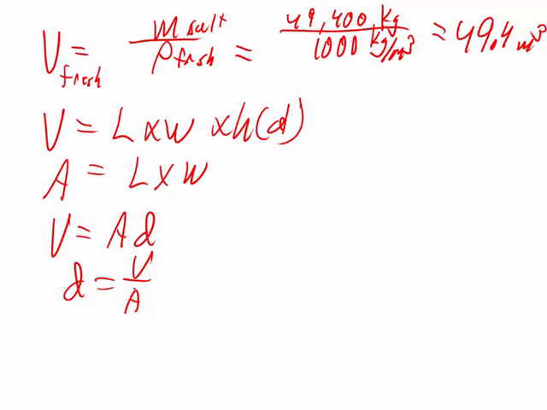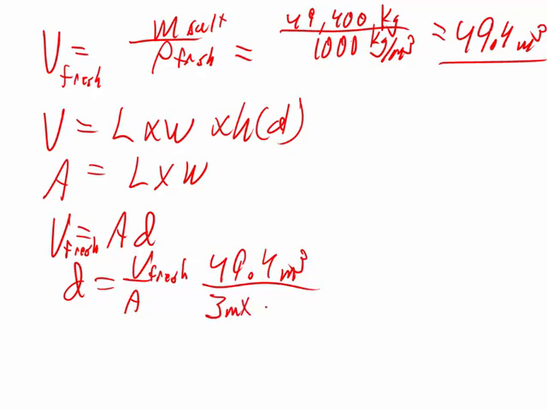Okay. Well, what was the volume of the fresh water? And you say, well, now volume of what? Well, we're talking about the volume of the fresh water because now we want to know how high it sits out of the fresh water. Well, that volume was what? 49.4 meters cubed. The area of the barge is what? Well, the length times the width. So it's 3 meters times 20 meters, excuse me.